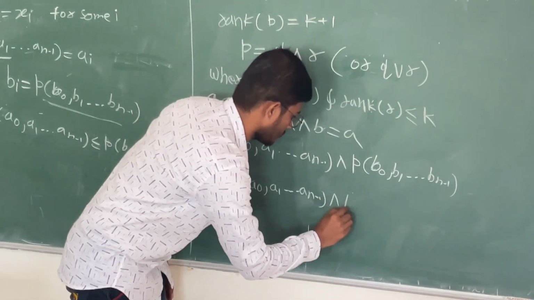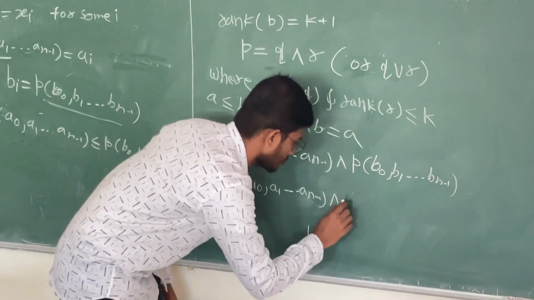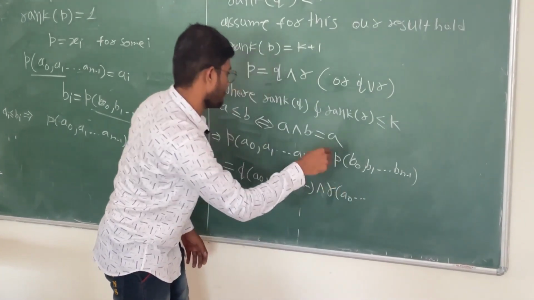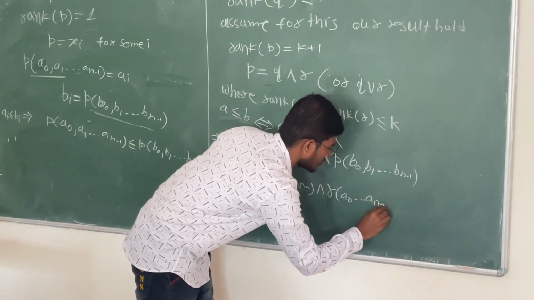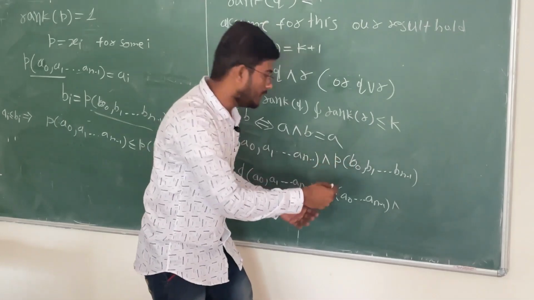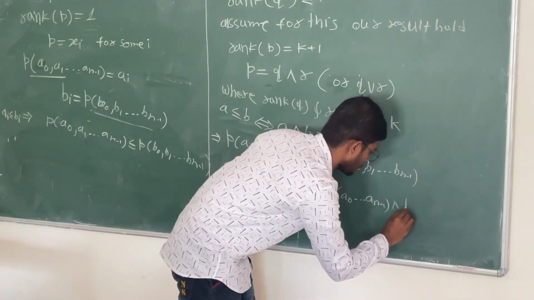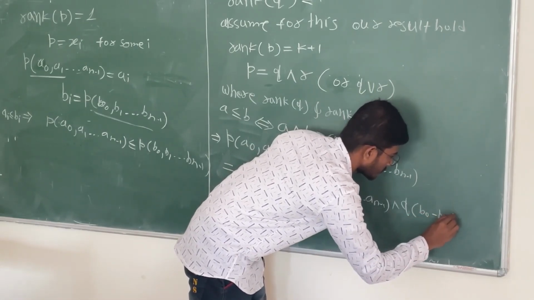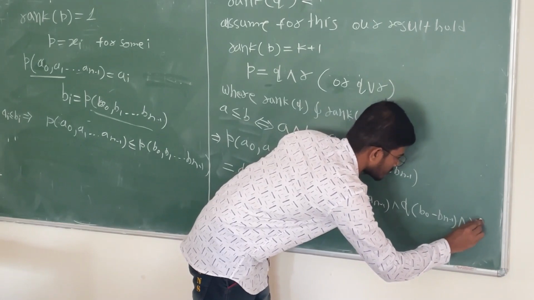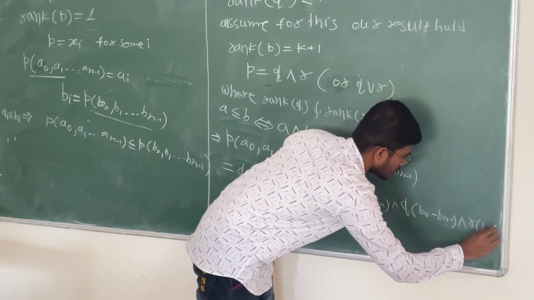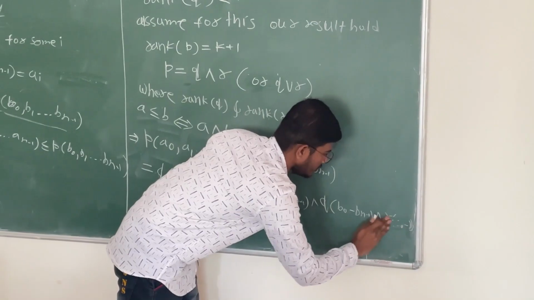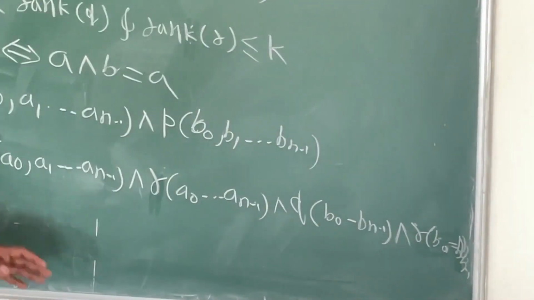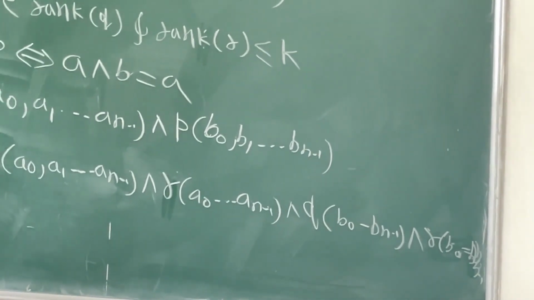Skip b1. Similarly in terms of the b's, up to bn minus 1. So we have taken this.